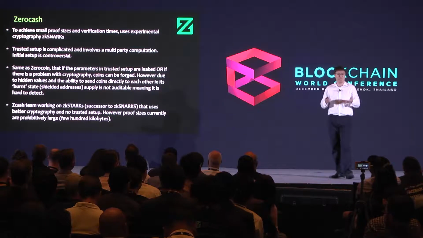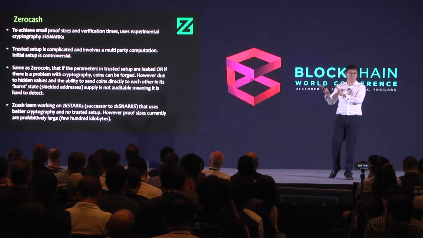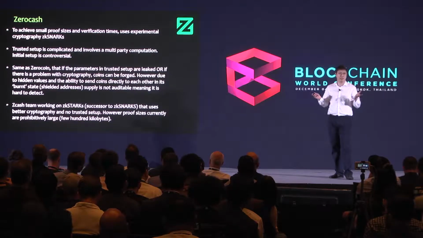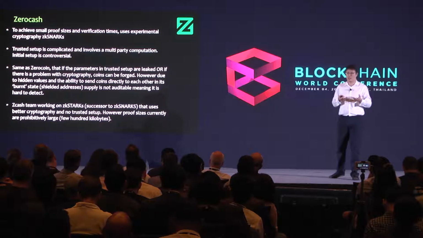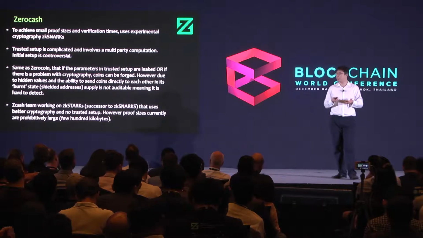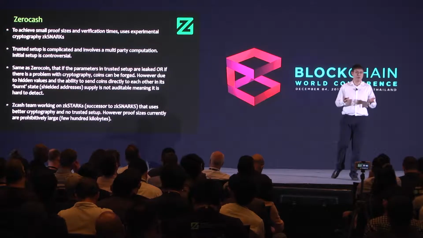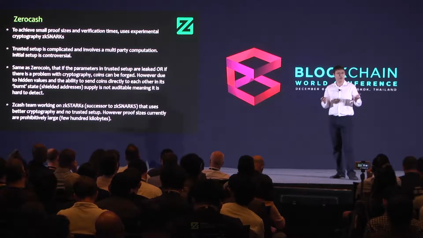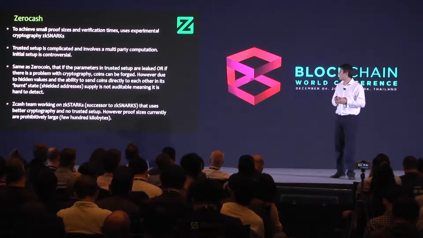Someone could be making billions and billions of Zcash, and because you can keep them in that burnt state, you cannot verify, and the supply is not auditable. So although it provides a lot of privacy and anonymity, it's using experimental tech, and when something breaks, it's very hard to detect. Of course, there have been security audits, but we've seen the DAO, we've seen Parity. No amount of security audits can guarantee that there are no vulnerabilities in things.